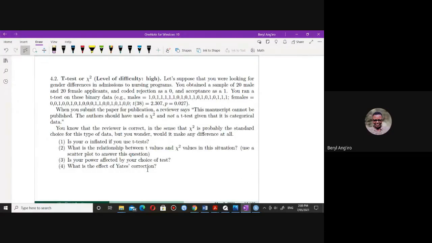Now let's suppose that you are looking at gender difference in admissions to a nursing program. You obtain a sample of 20 male and 20 female applicants and code rejection as 0 and acceptance into the program as 1. You run a t-test on this binary data. So we have male, the 20 values, and females the same.